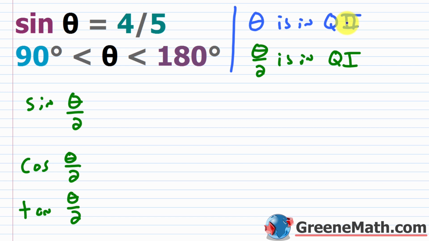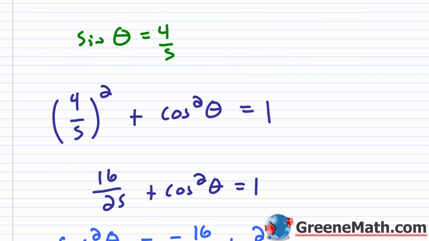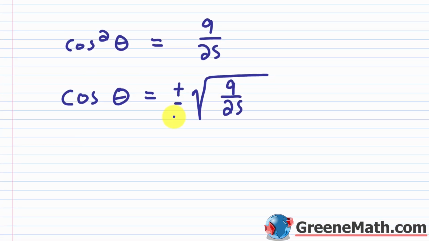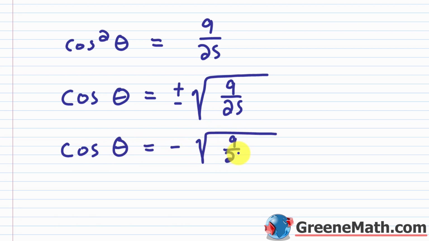If I'm in quadrant 2, cosine is negative, okay? So that means that in this particular case, I want to choose the negative square root, okay? So I want to say the cosine of theta is equal to the negative of the square root of 9 over 25. So the cosine of theta here is equal to -3 over 5, or you could say -3/5.